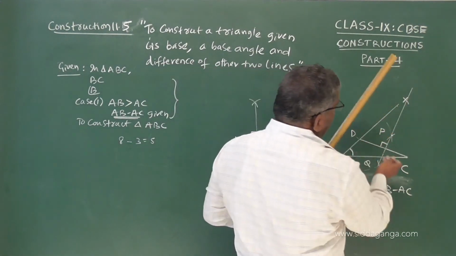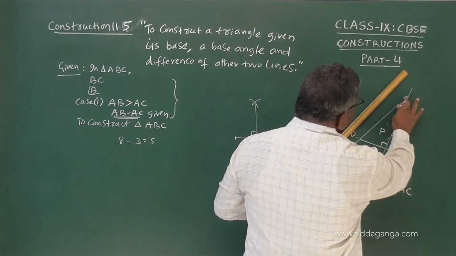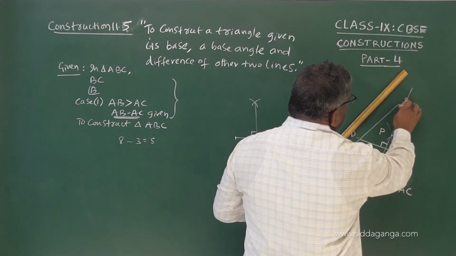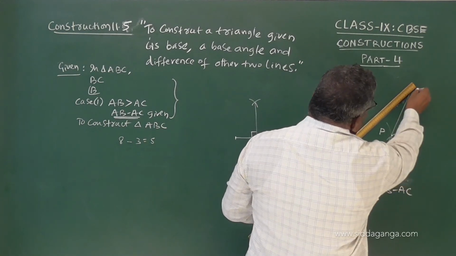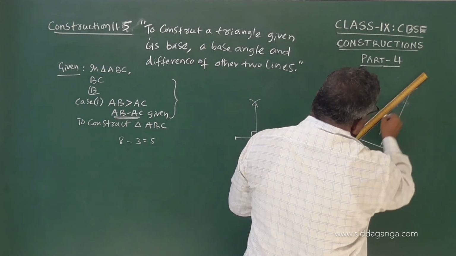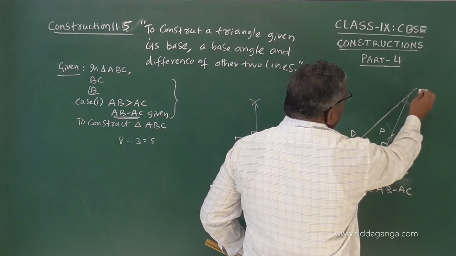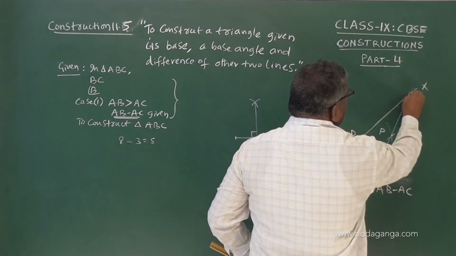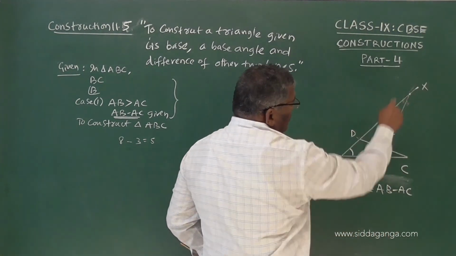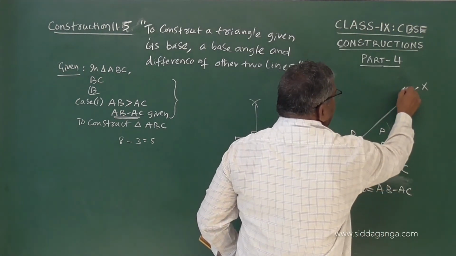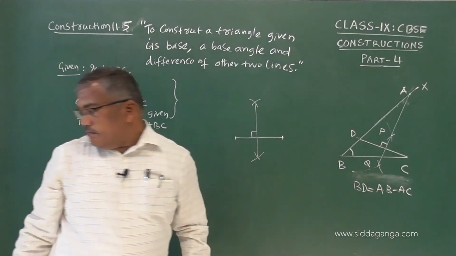Now this perpendicular bisector meets BX at this point, this is the X point, this will meet BX at A.